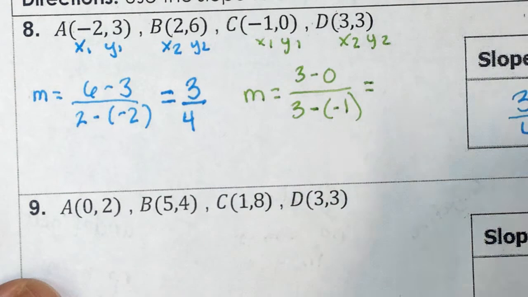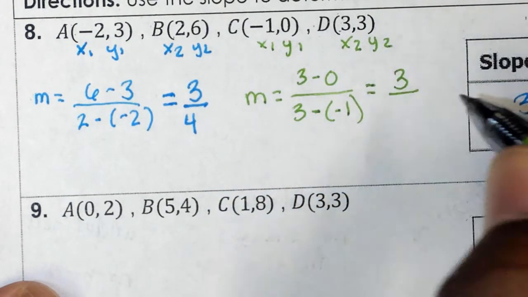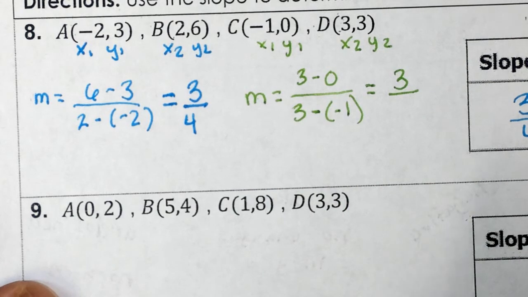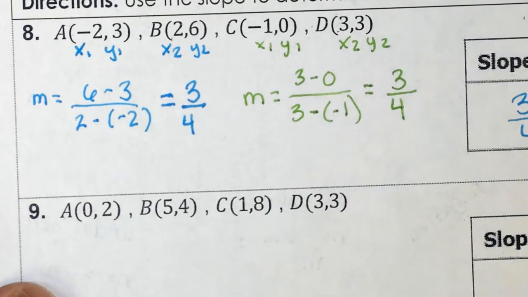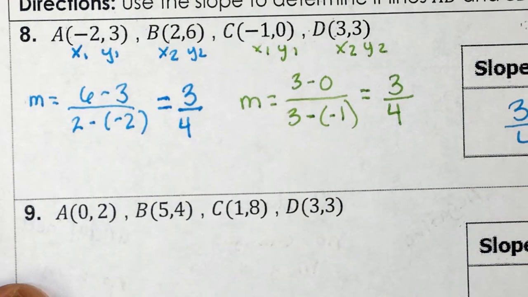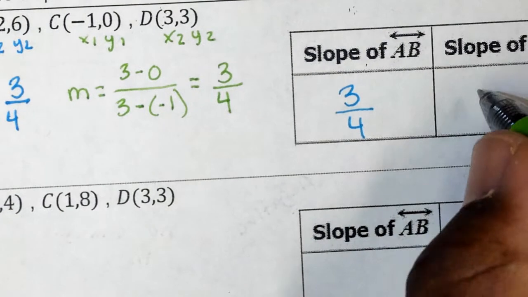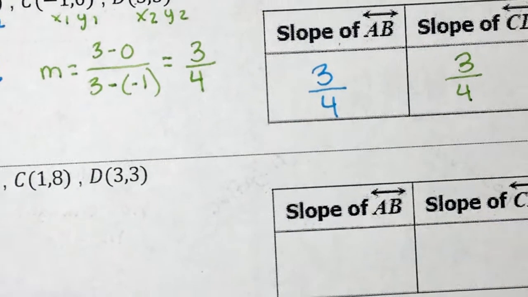On top, 3 minus 0 is positive 3. On the bottom, 3 minus negative 1, basically adding again, is positive 4. 3 plus 1. So I get 3 over 4 there. So my two slopes are 3 over 4 and 3 over 4.